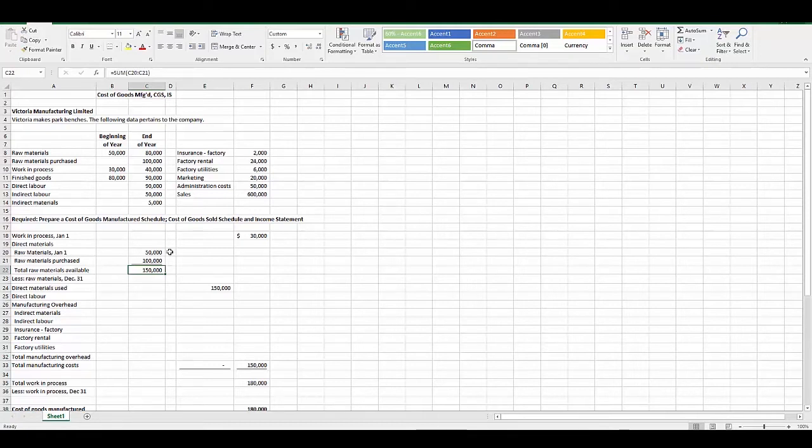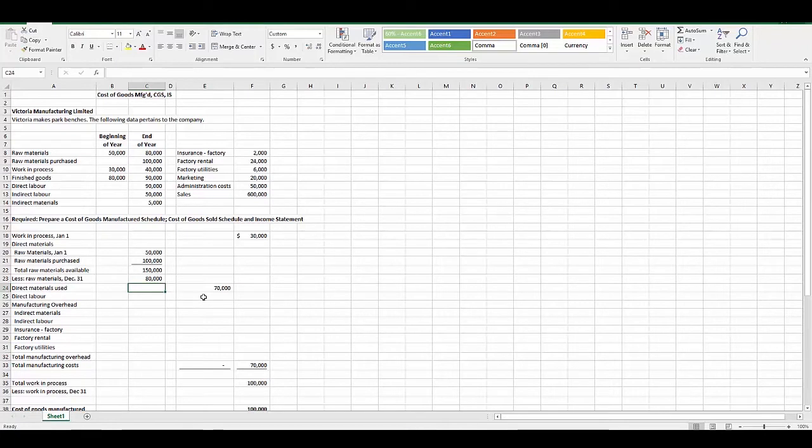We are told that at the end of the year, you had $80,000 worth of raw materials. So you're going to be entering that in here. And then you subtract the 80,000. So it's 150 minus the 80. That tells you you've used $70,000 worth of raw material.